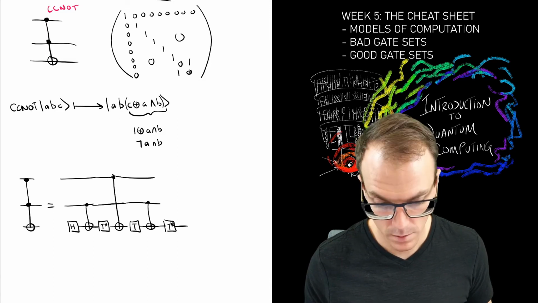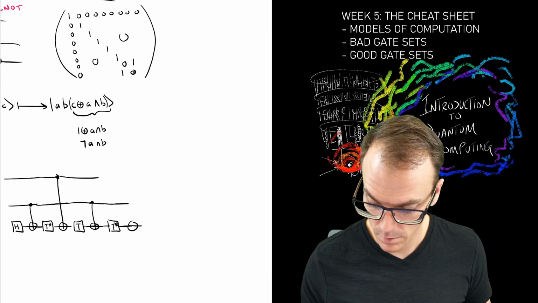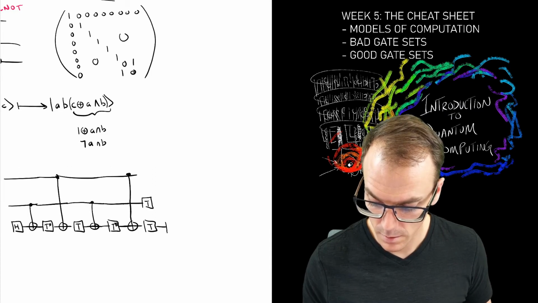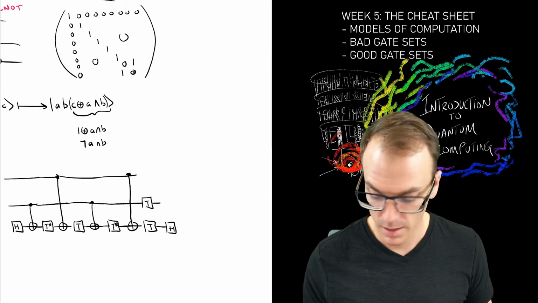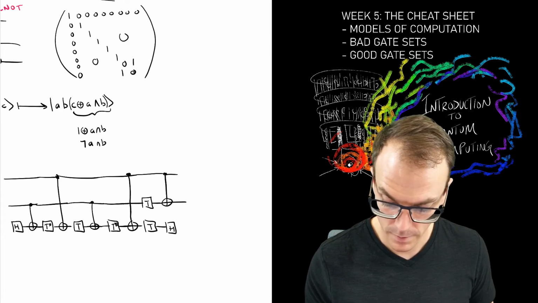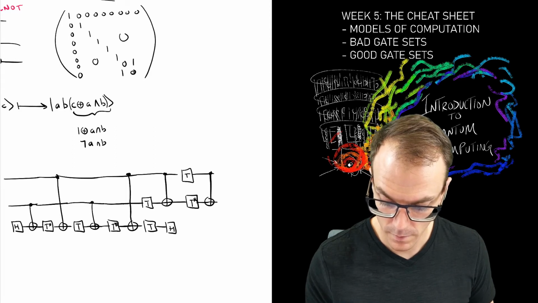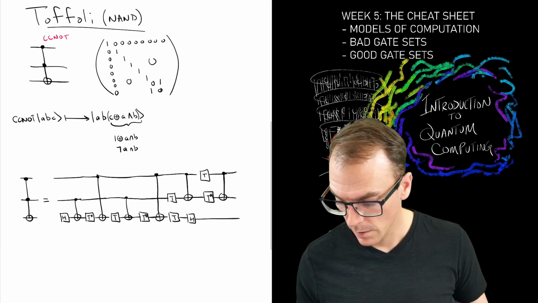T inverse. C naught, 2 T gates. Another Hadamard. Another C naught. That's going to be here. There it is.